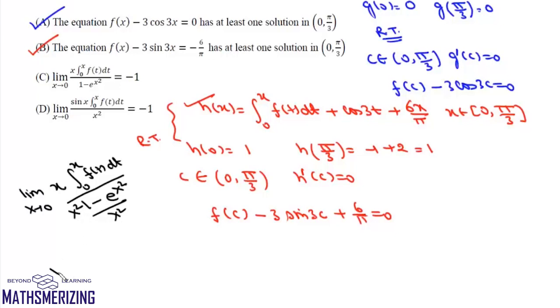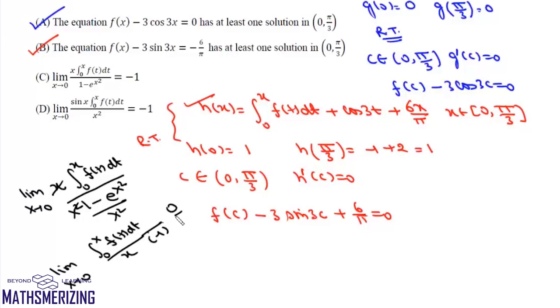Now we can rearrange this limit as limit x tends to 0, the integral from 0 to x of f(t) dt upon x, into, now this is a standard limit, (e to the power x square minus 1) upon x square, it is 1, and here it is 1 minus e to the power x square, so this value will be simply minus 1.